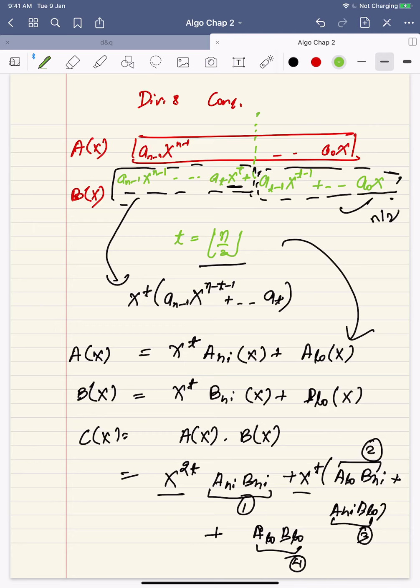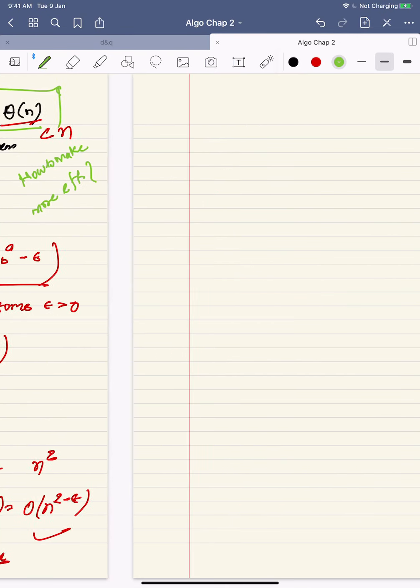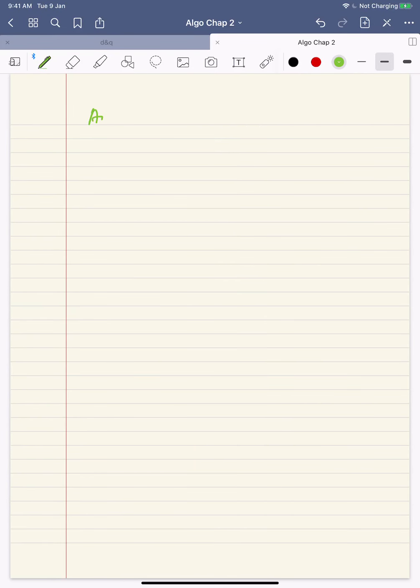I have to compute these 4 things, right? And they are all 4 sub problems of size n by 2. You cannot do away with any of this. So let's write down again. I have to compute these 4 things: AHI BHI, ALO BLO, and AHI BLO plus ALO BHI.